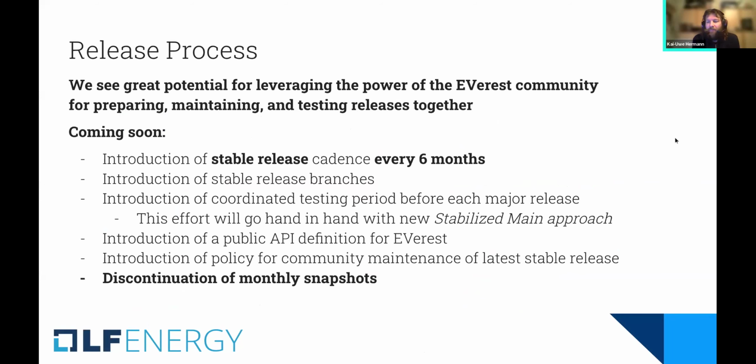Basically, for the last, I think, 2 years, we've been in a relatively regular cadence of monthly snapshot releases, and roughly every 3 months, we have released a so-called consolidated or stable, in air quotes, release that had a bit more testing going on, but not a lot of backports or things like that were happening to these branches in the past.